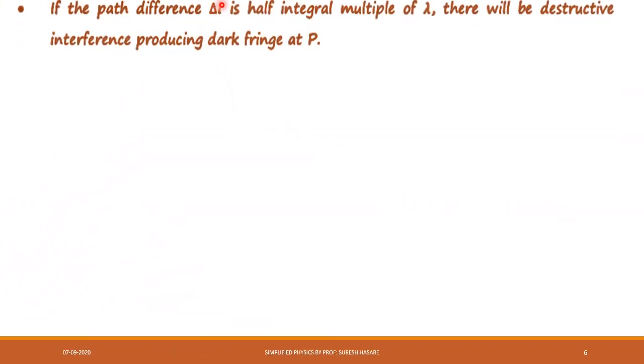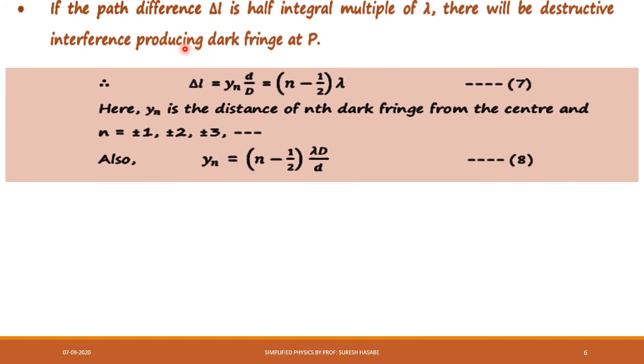If the path difference is a half integral multiple of lambda, or we can say an odd integral multiple of lambda by 2, you can write or read it by any method, half integral multiple of lambda or odd integral multiple of lambda by 2, there will be destructive interference producing a dark fringe at the point P. Therefore the equation becomes delta L is equal to the path difference, that is equation number 4, which changes to this equation.